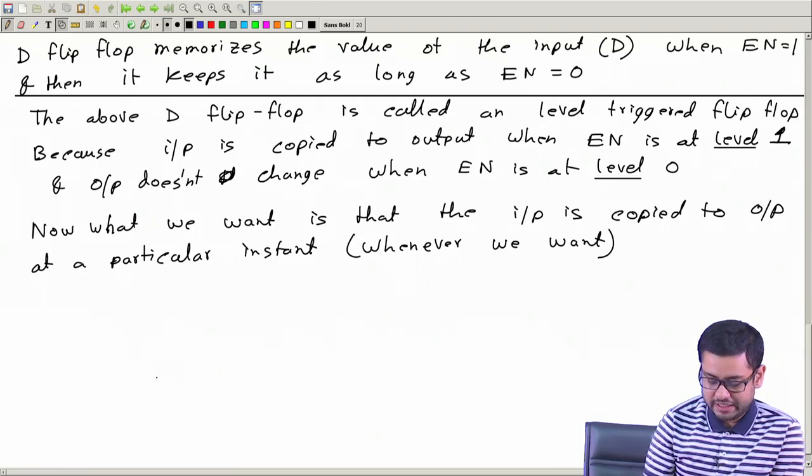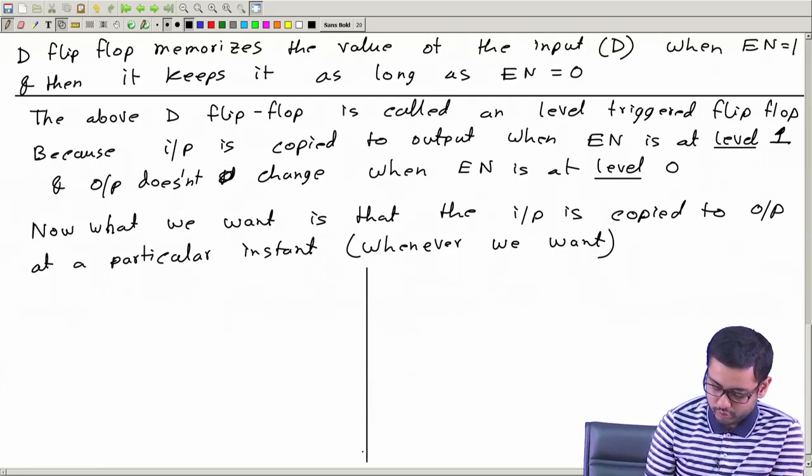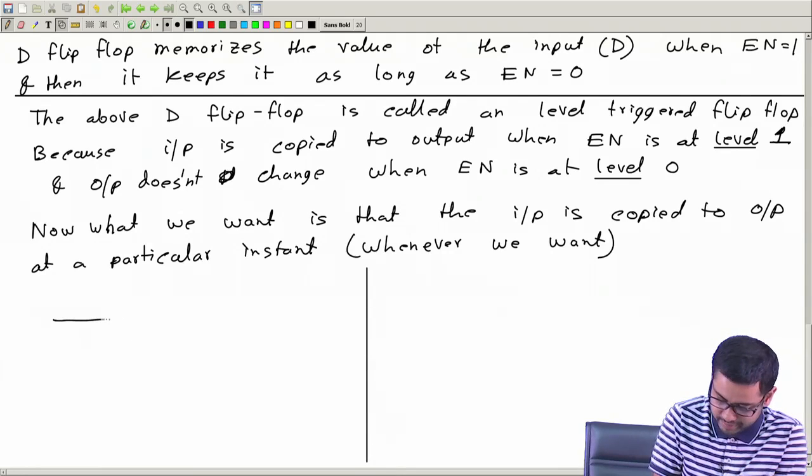The situation is like this. Let me draw some timing diagrams.